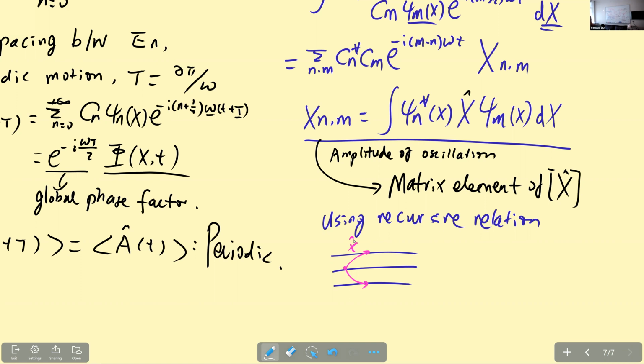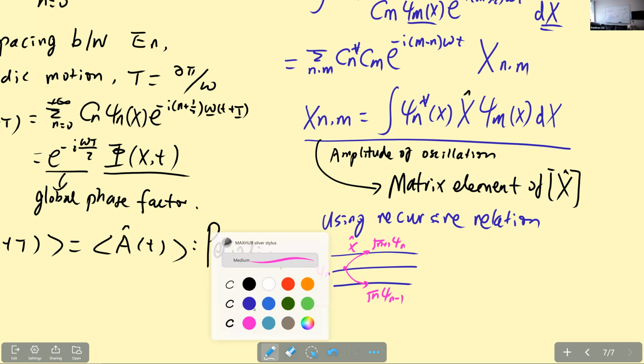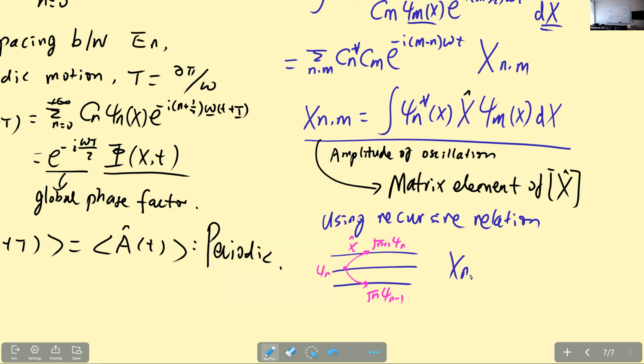With the matrix elements, this will be square root of n plus 1 for the state n plus 1, and this one will be square root of n for the state n minus 1, right? So that is how we apply this x operator, okay? So this means the matrix elements will just equal to this, divided by square root of 2.